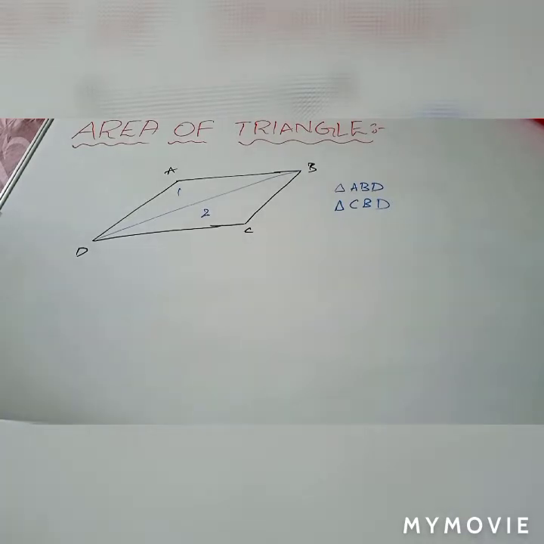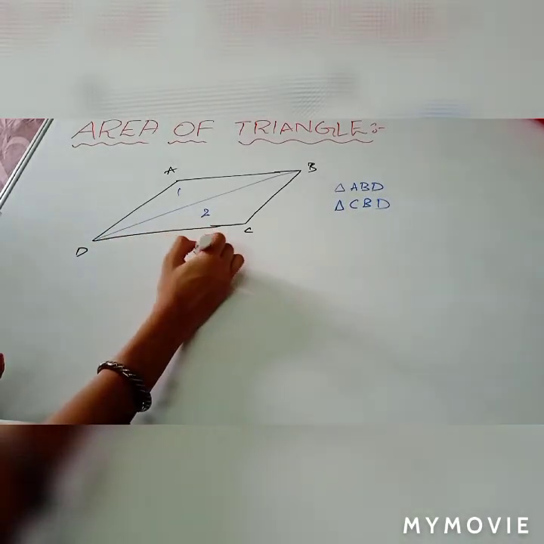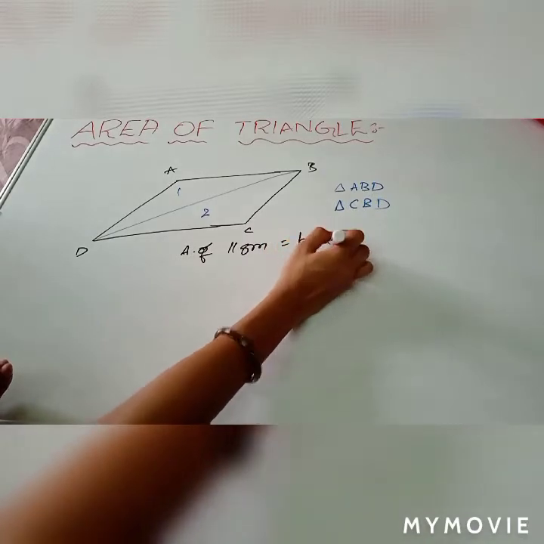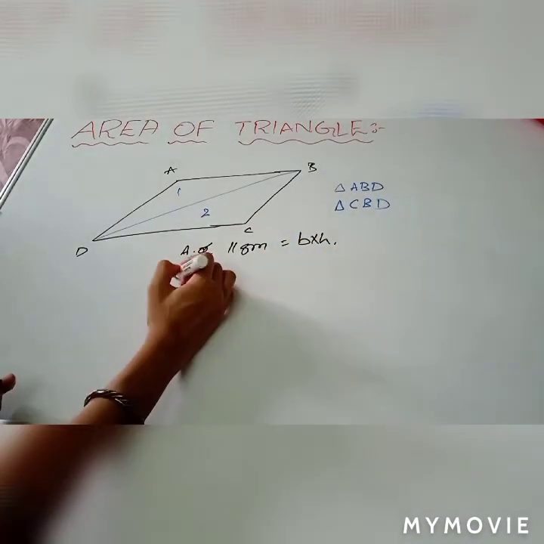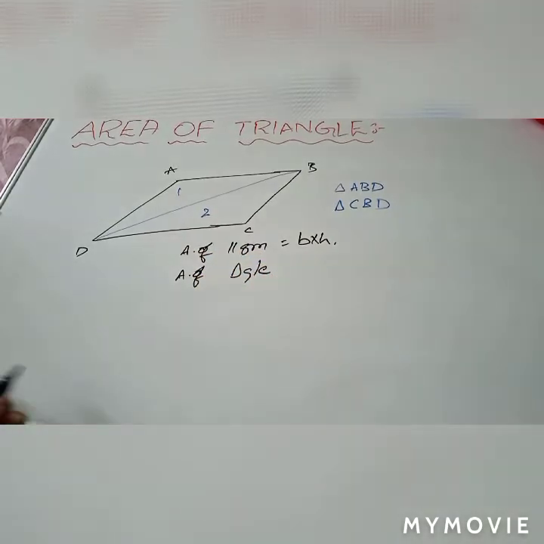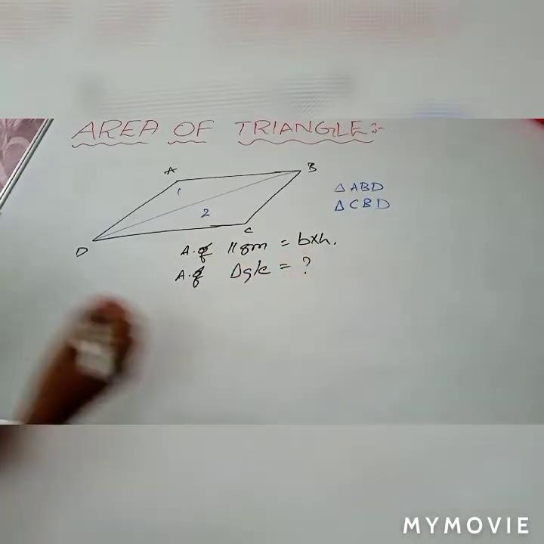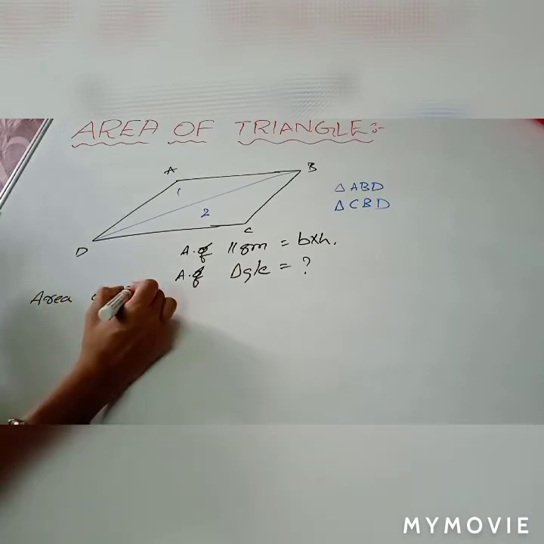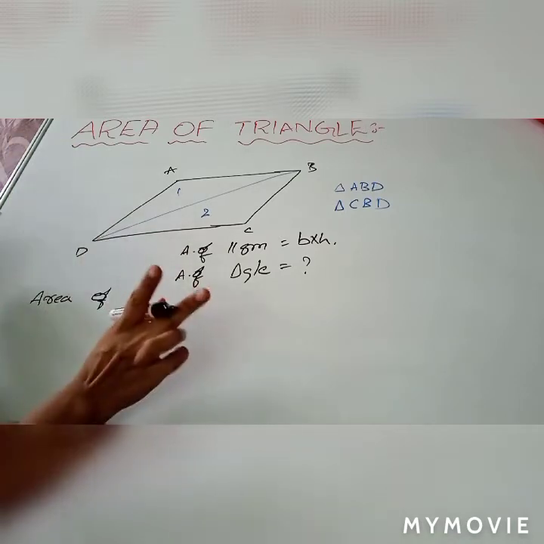Now we need to find the area of triangle formula. We already know the area of parallelogram. What is area of parallelogram? Area of parallelogram is b into h, that is base into height. So we have to find area of triangle. Children, see here, there are how many triangles? 2 triangles.